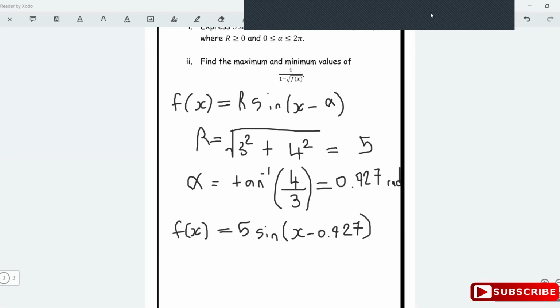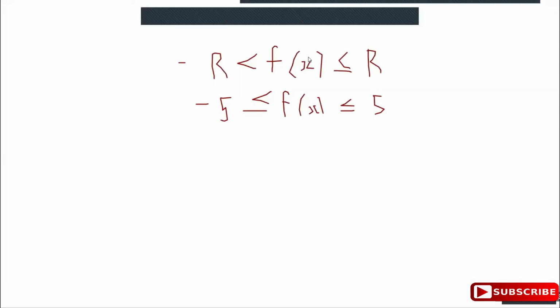So the first thing we have to do to get to that destination is to square root f of x. That says the square root of f of x is between the square root of 5 and, well, this one right here, we can't square root a negative number, so this part becomes invalid.